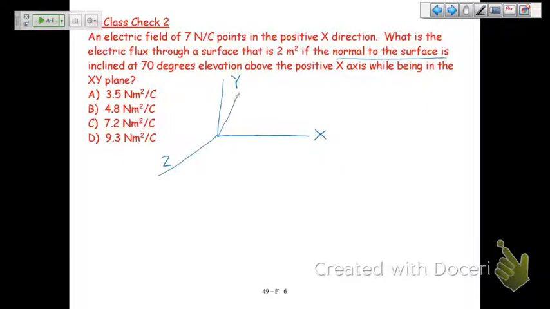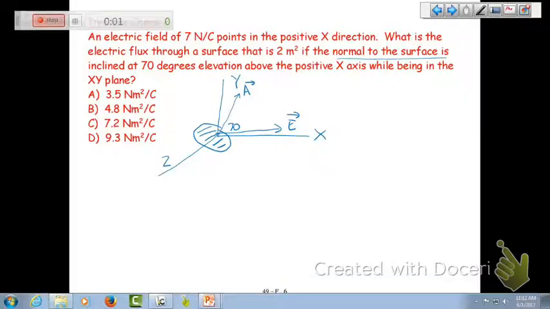So it's like that, isn't it? There's 70 degrees. So there's my area. This is my area vector, if you like, and this is my field vector. And I want to find out my flux. Okay, can you do that one, please?